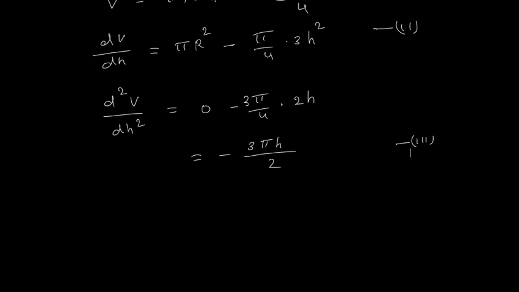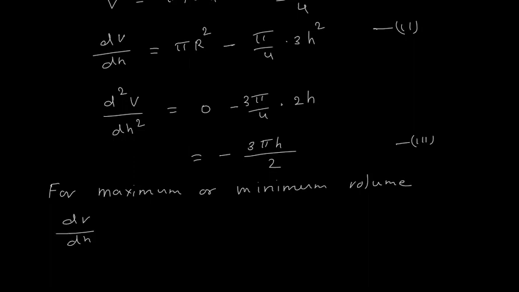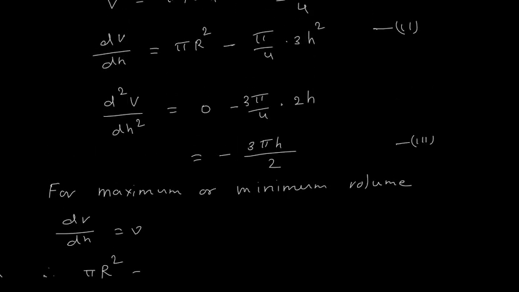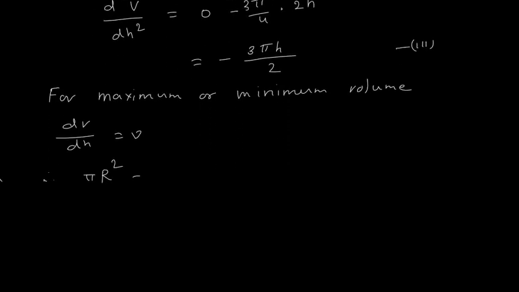Now for maximum or minimum volume, we have dV upon dH equal to 0. So pi R square minus 3 upon 4 pi H square will be equal to 0.